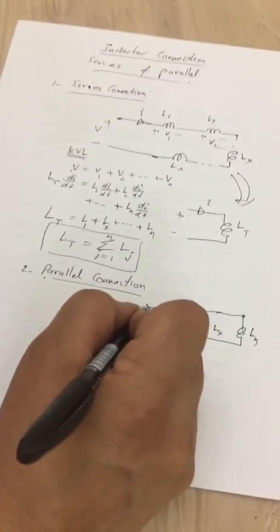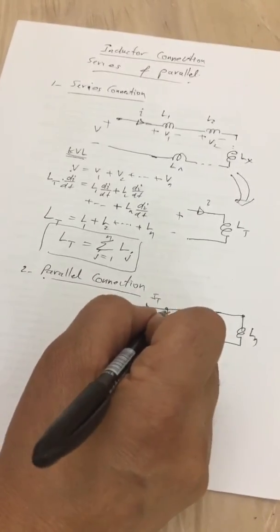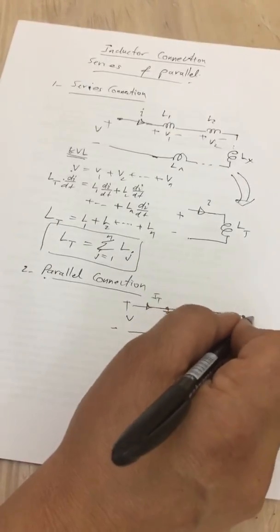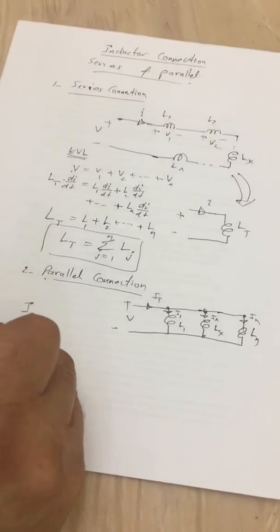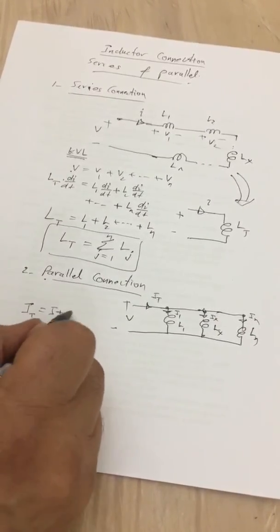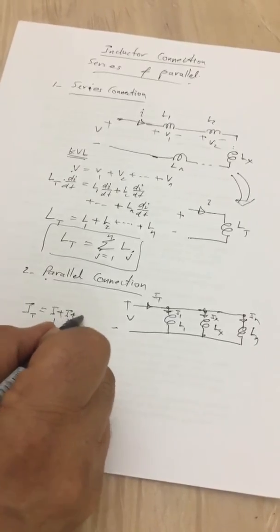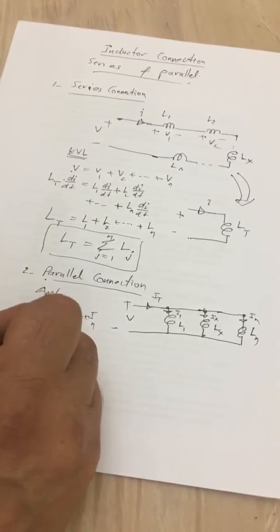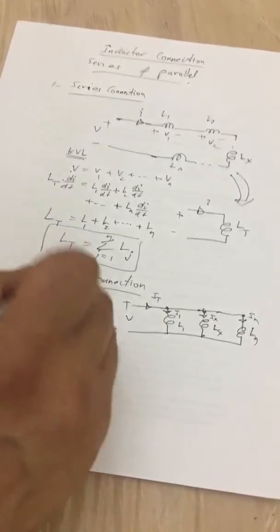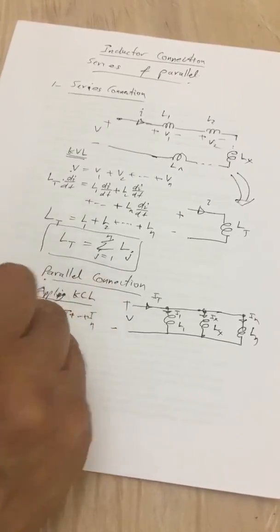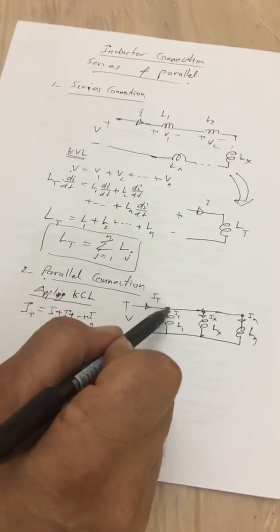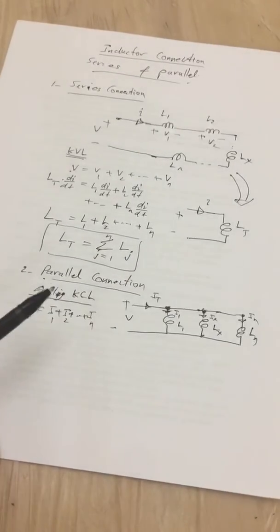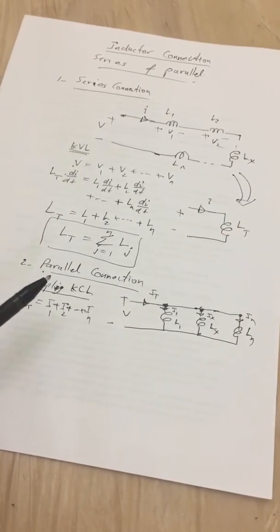Okay, so what we have here, I total equals the sum of I1 plus Ix plus In. In fact, what we have applied here is Kirchhoff's current law to this node, so we get I total equals I1 plus I2 plus Ix plus In. Okay.